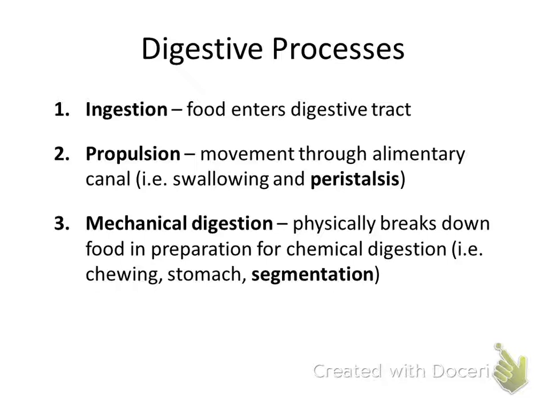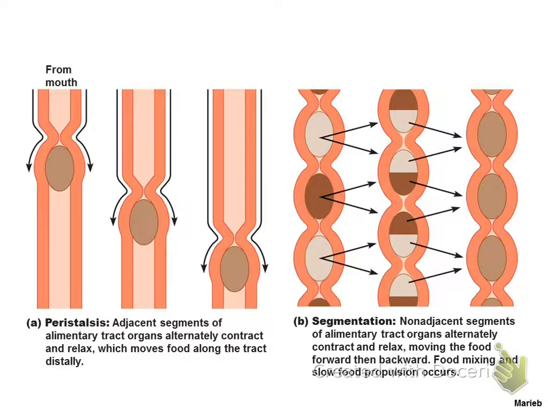And even though I'm really emphasizing that this is going to help mash up the food, this is also going to help us mix up the foodstuff with the chemicals that we're going to be adding to it. And that's really what segmentation does for us. If we look back at our figure, there was another half to it. Let's notice what's going on here. They're color coding the foodstuff so that we can see it's being compartmentalized here in the small intestine, right?